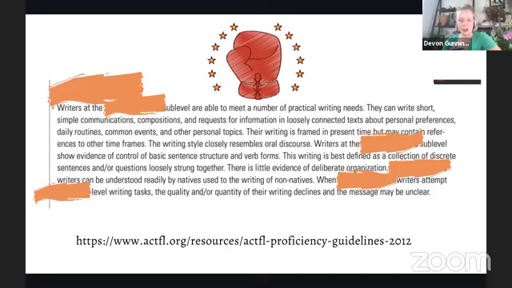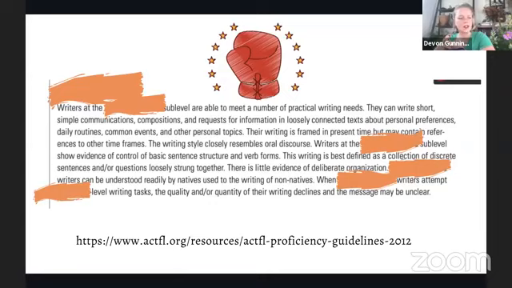For these writers, they're very practical. It's very much in the style of their spoken speech. It's framed in present tense, but contains references to other time frames. They have evidence of control of basic sentence structure and verb forms. Evidence of control, meaning not consistently, but it's there.